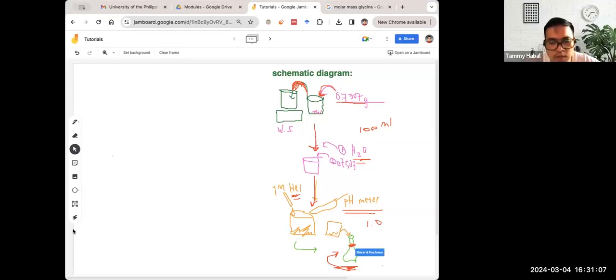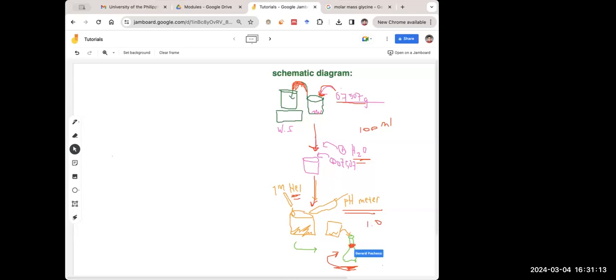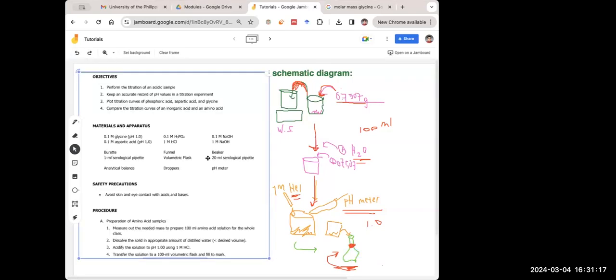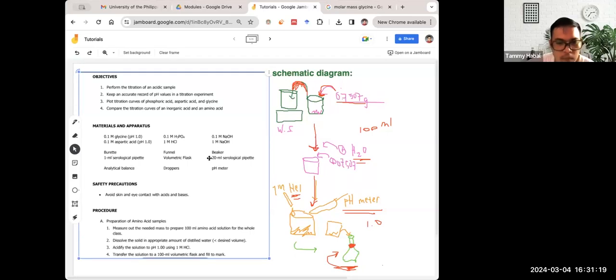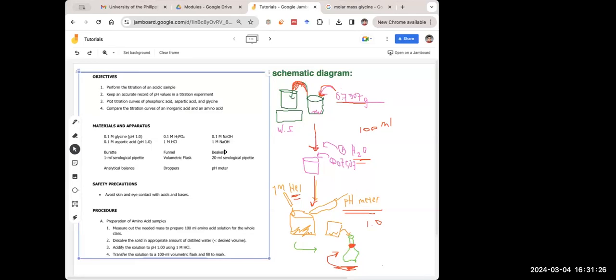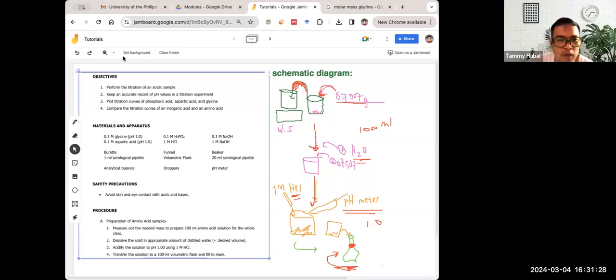Based on your procedure, you need to prepare 100 ml of your amino acid solution, so the flask should be 100 ml. Correct. Sorry, I got confused with the two. You get it now.